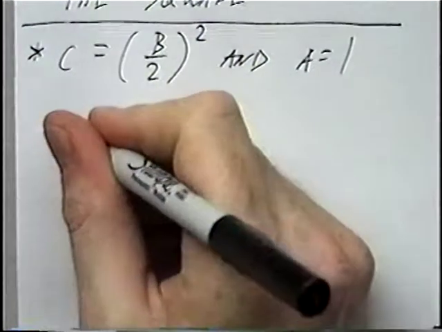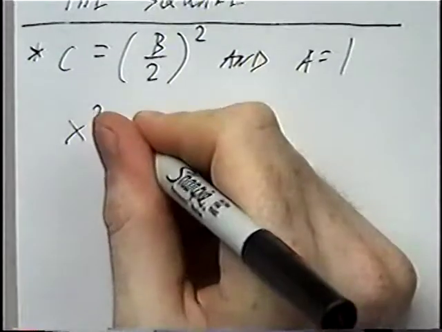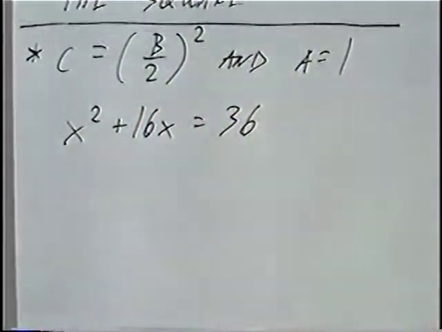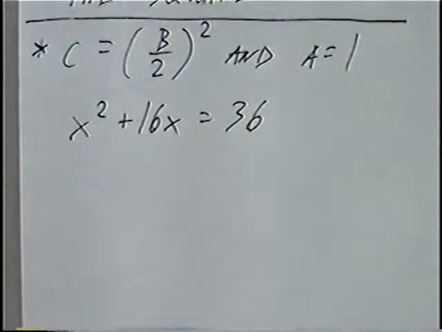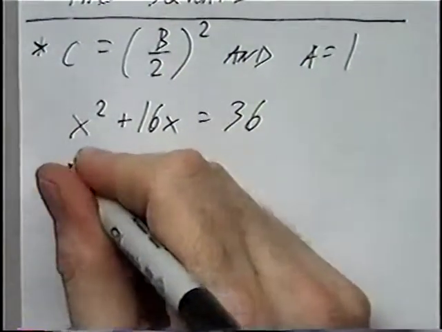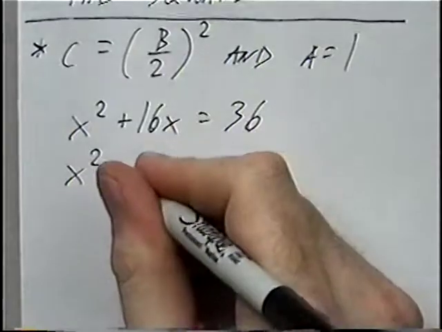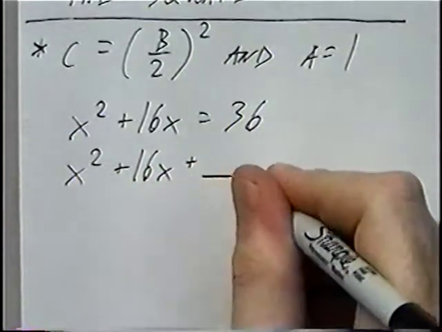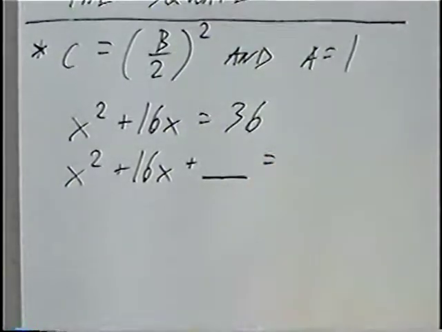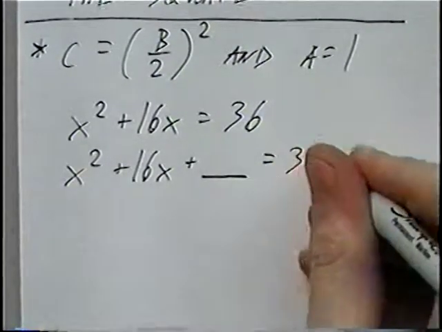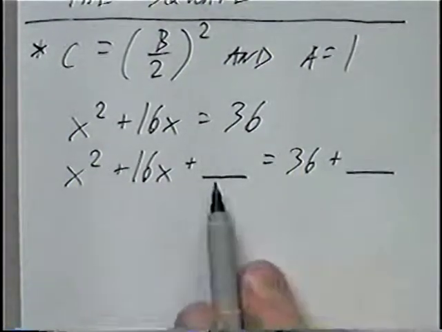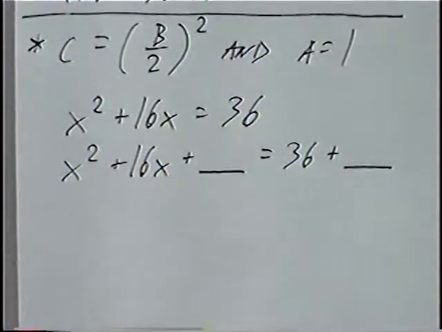First equation we'll solve is x squared plus 16x equals 36. To complete the square, we'll rewrite the equation as x squared plus 16x plus a blank spot equals 36 plus another blank spot, which will be the exact same number on both sides.